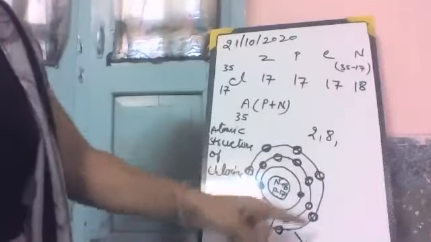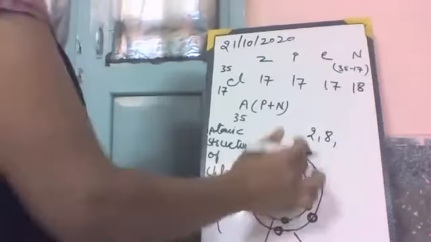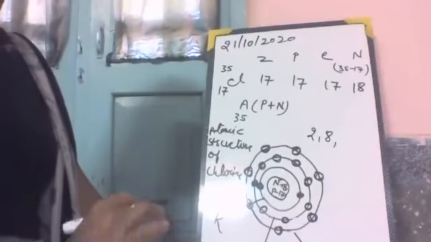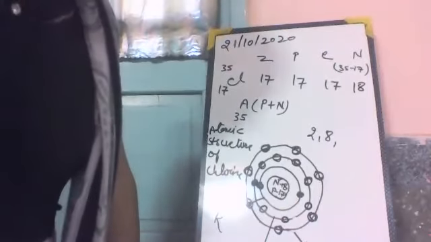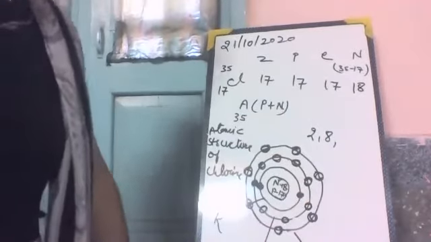What is valency? Electrons in the outermost shell of an atom are called valence electrons. This is the outermost shell for chlorine. The last orbit of the atom is known as the valence shell, and these electrons are known as valence electrons.